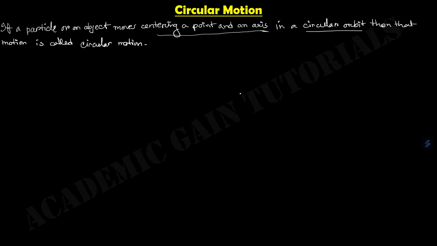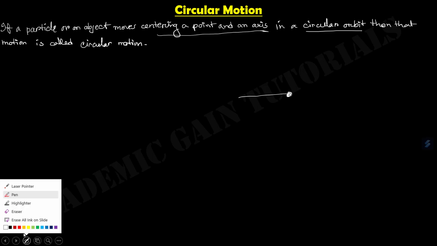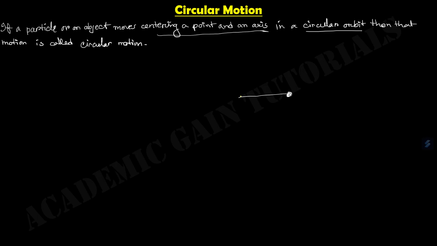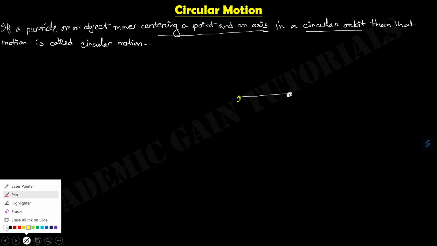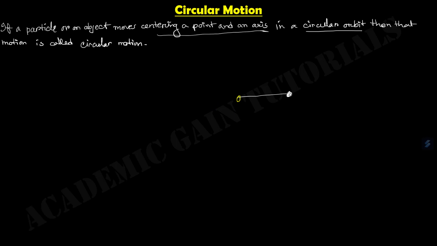So suppose this is our string and this is the stone, and I hold this end of this string with my hand. So when I swing, the stone will move around like that.